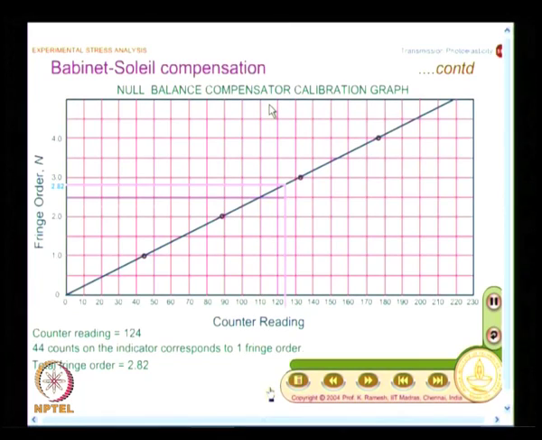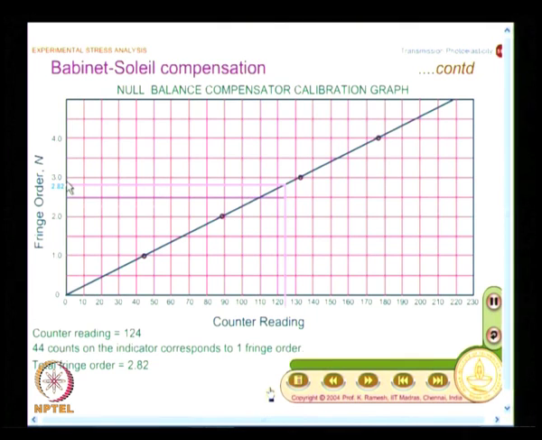In a Babinet-Sorel compensation, they have made the calibration in a manner that, once you find out the counter reading, you are in a position to use the graph supplied by them. So, this gives a null balance compensator calibration graph. Now, if the counter reading is 124, I simply go to this graph and find out the fringe order.